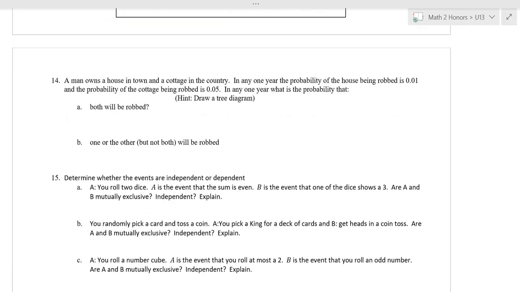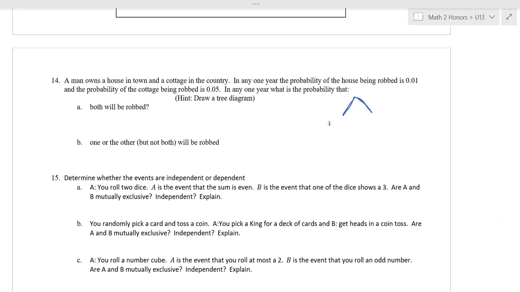Alright, moving on to number 14. So we're asked to draw a tree diagram here, and if you read the problem, 2 things can happen.